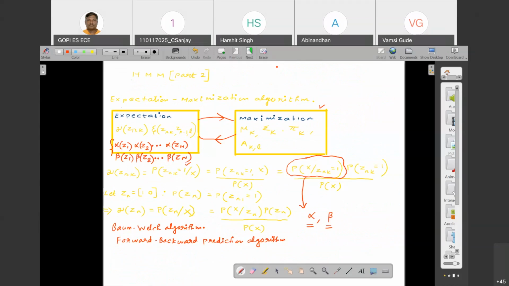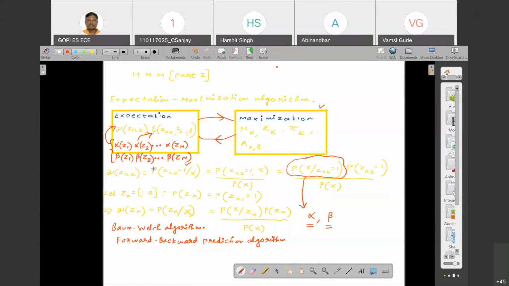These values are directly related to your gamma and zeta. Using alpha and beta, we get gamma and zeta, and then mu k, sigma k, pi k. Then using these again we go for finding alpha and beta, then gamma and zeta. This will be the expectation maximization algorithm.